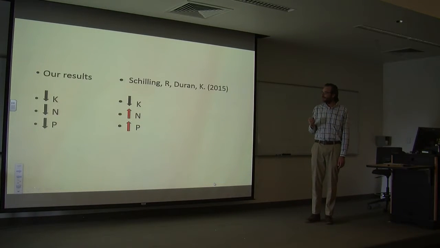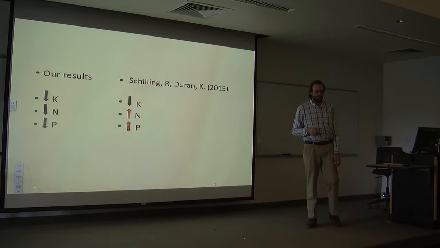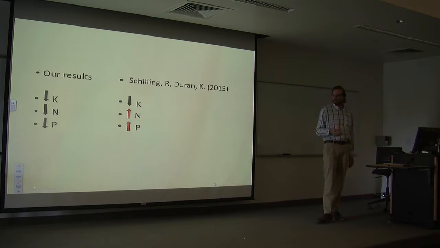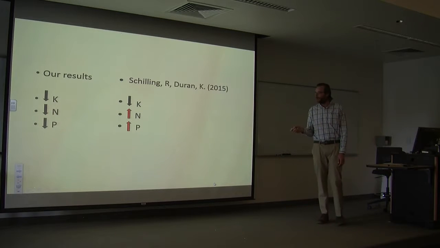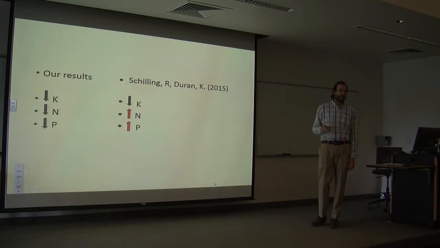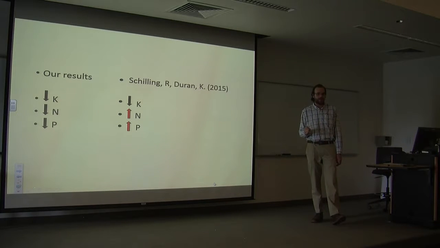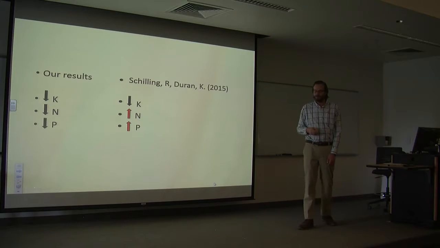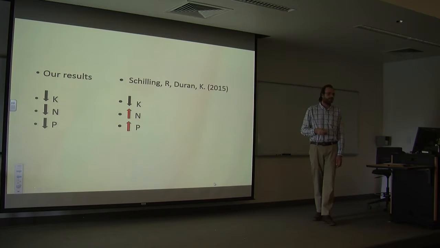You may have noticed that our results differ somewhat from the Ryan Schilling study that he did with Dr. Duran in 2015 with ponderosa pine, where our concentrations of all our nutrients were decreased in infected trees in their soils. In Ryan's study, phosphorus and nitrates were actually increased in infected soils.